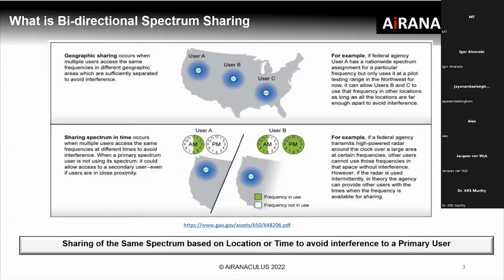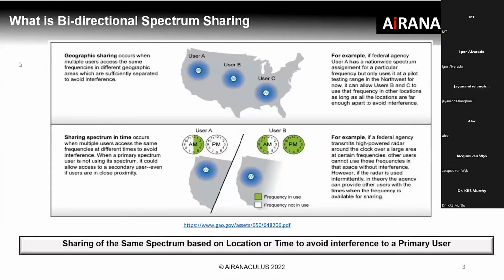Starting from the basics of what bidirectional spectrum sharing is, I will move towards the concept of network sharing and how and why we need both spectrum and network agility for next generation networks, right? So everybody knows bidirectional spectrum sharing.